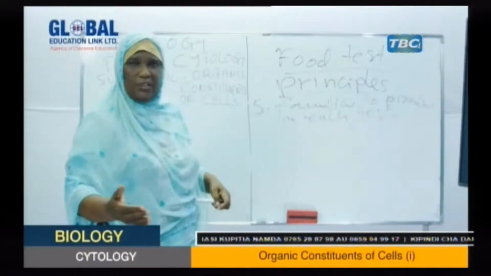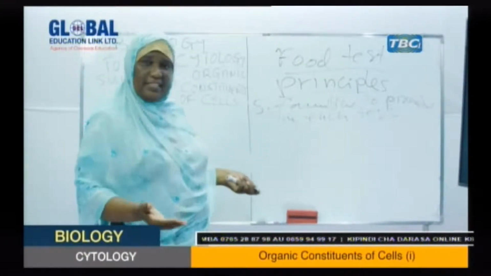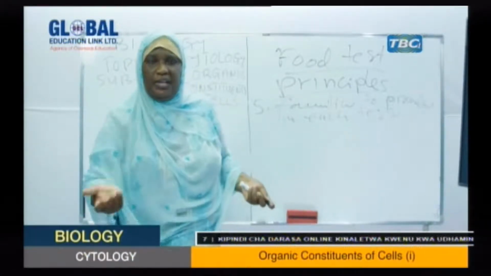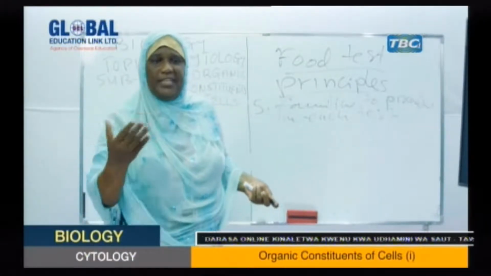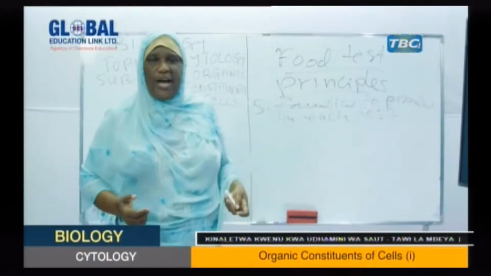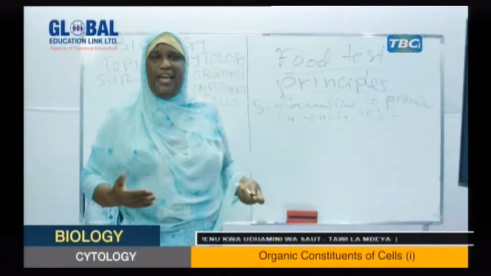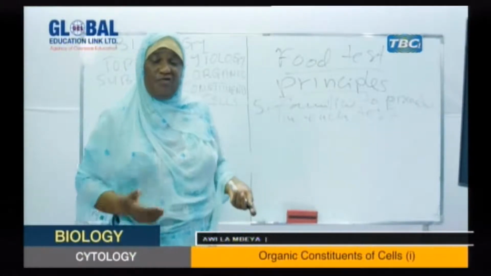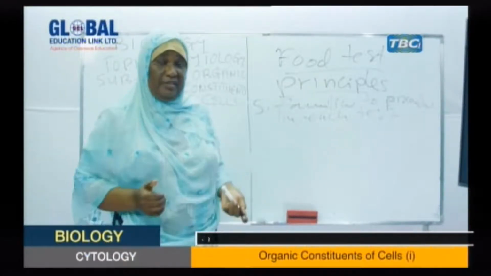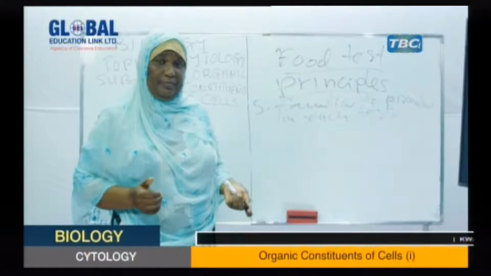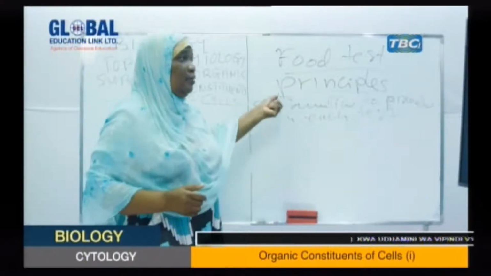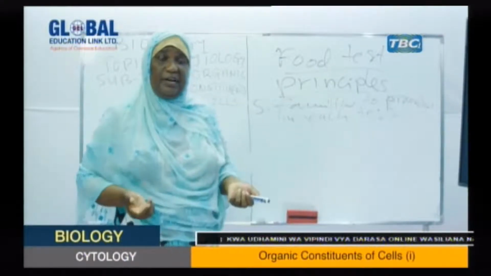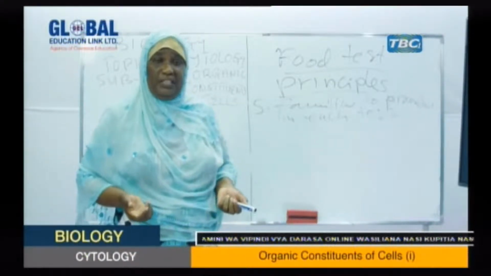Procedure for identifying starch, procedure for identifying reducing sugars, procedures for identifying non-reducing sugars, procedures for identifying proteins, etc. You should be familiar with it. Therefore, these are the principles which should be followed in writing a report in food testing.